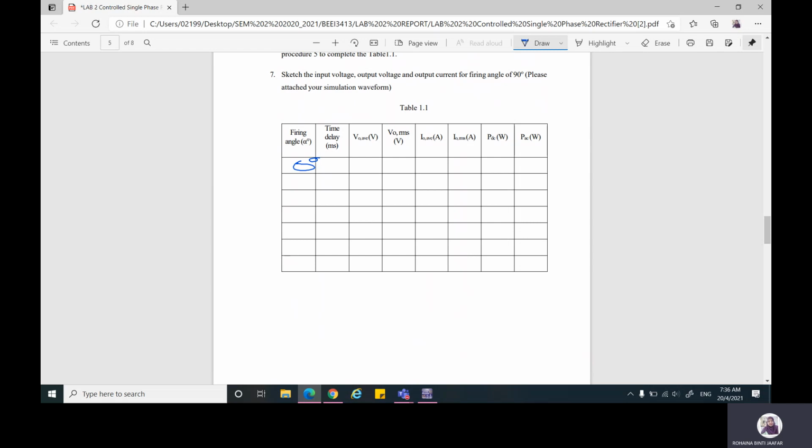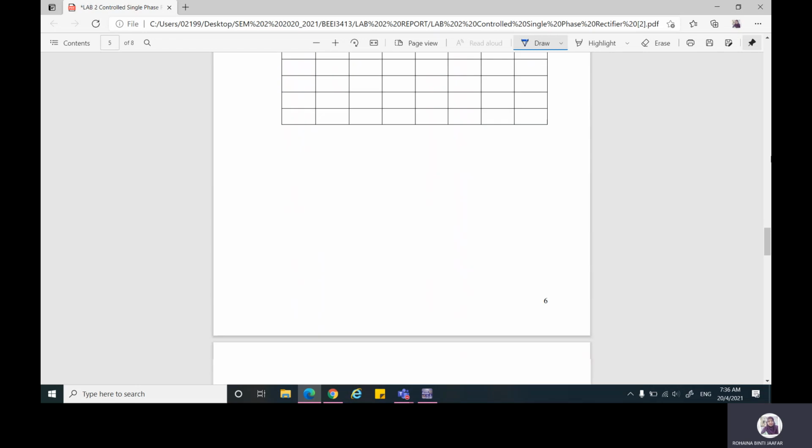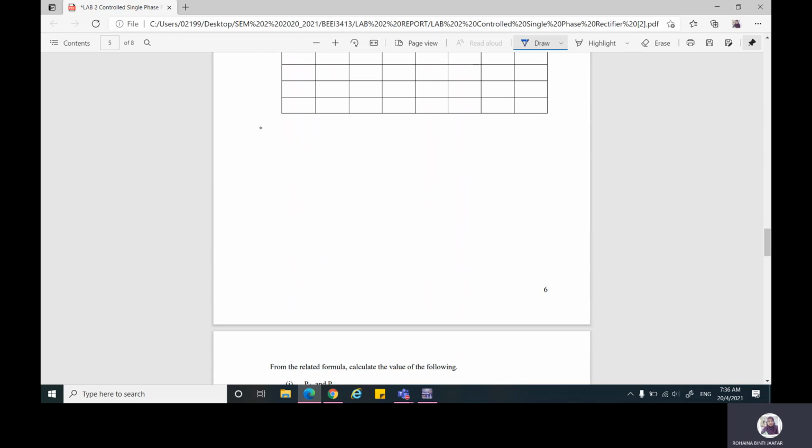So how to find the time delay? For time delay, we have to use this formula. Okay, time delay is equal to alpha, or your firing angle, over frequency times 360 degree. So first, we set the firing angle to 0.